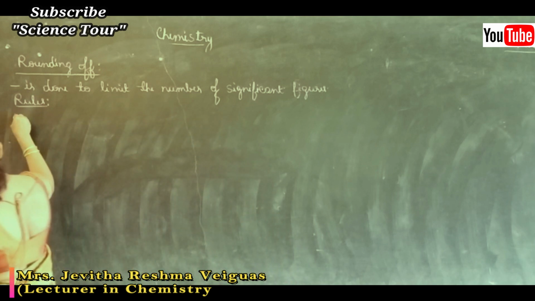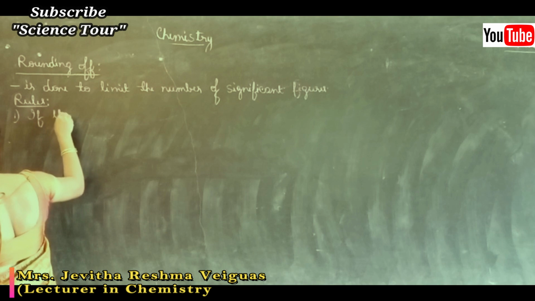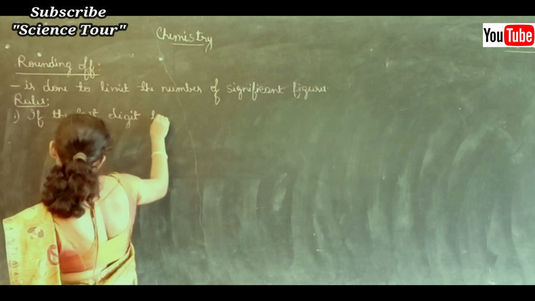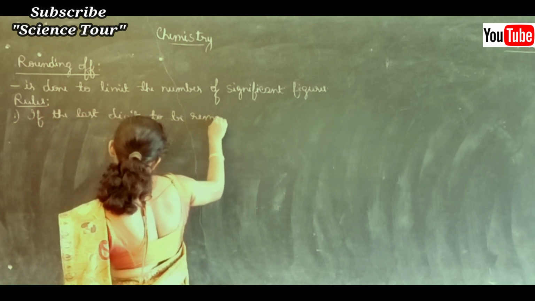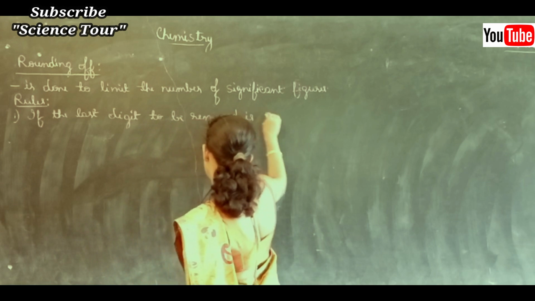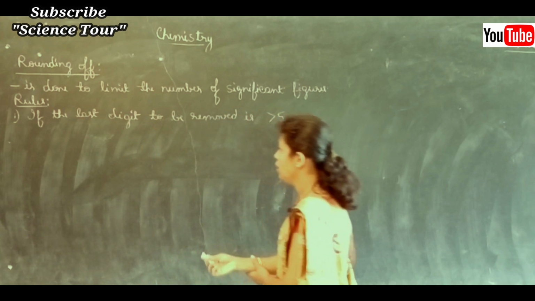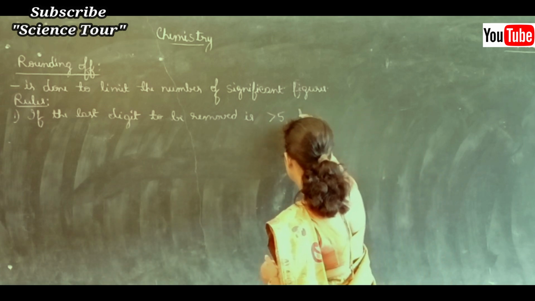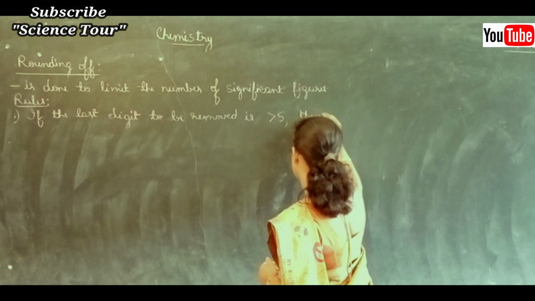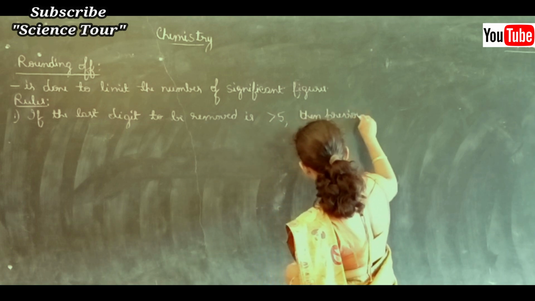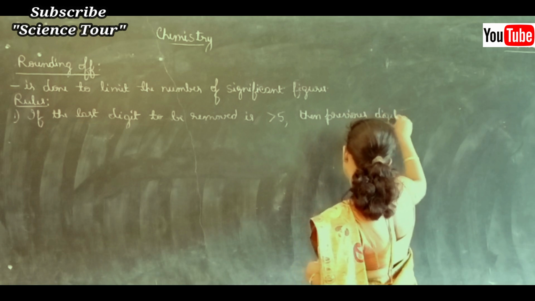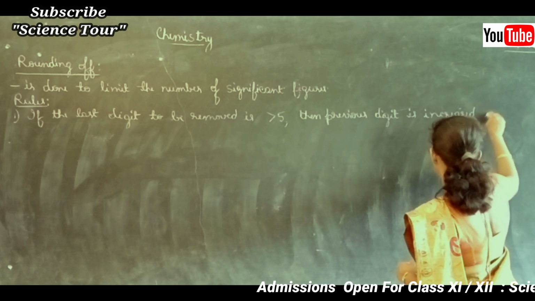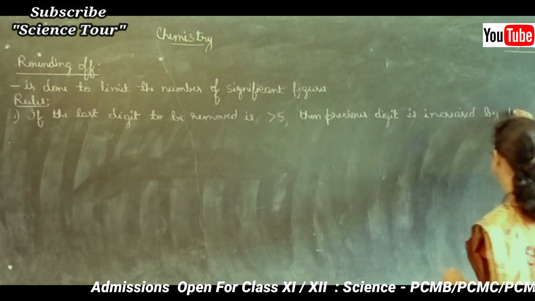Rule number 1. If the last digit to be removed is greater than 5, then the previous digit is increased by 1.